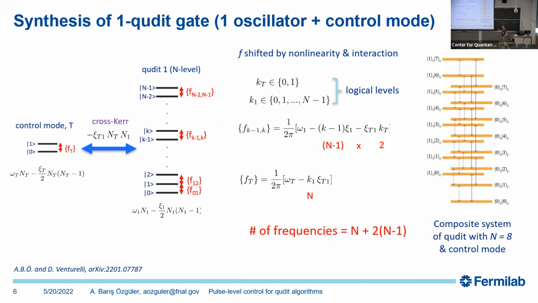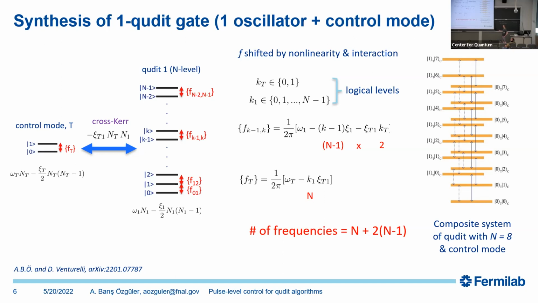Now we have a set of frequencies that we should use in our pulse optimization, and they depend on what we occupy in the control mode and also in the Qudit.